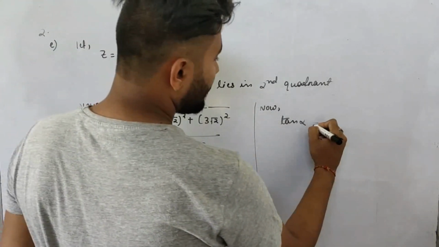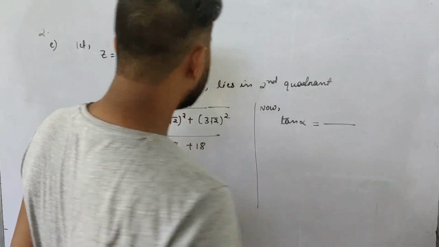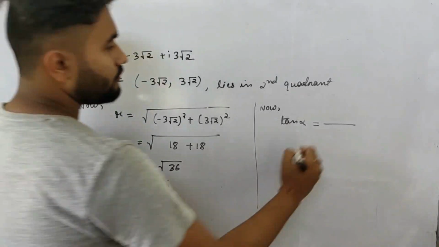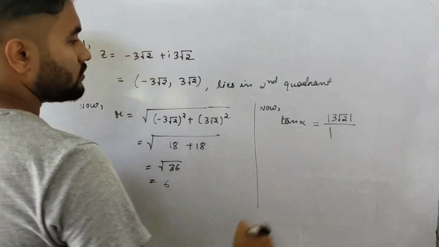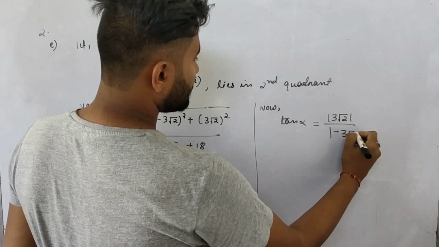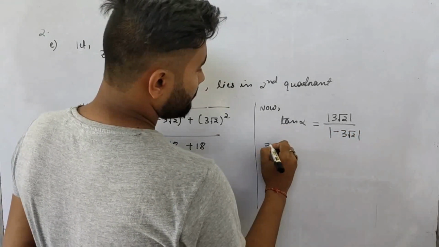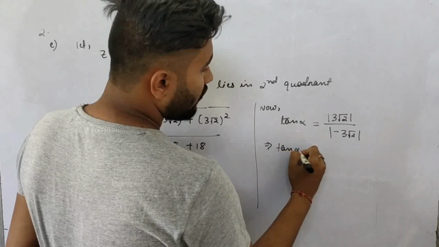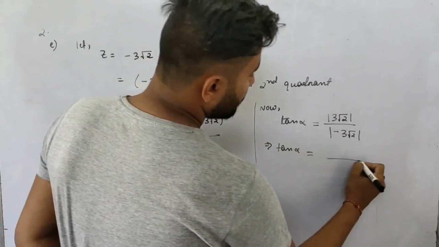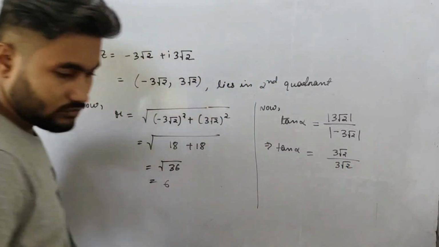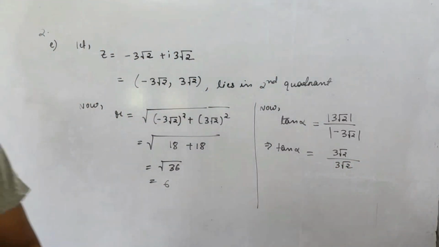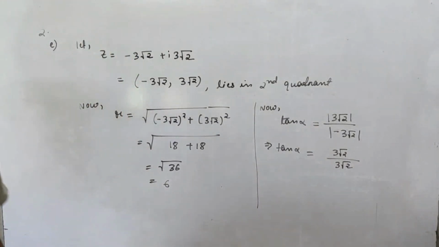So tan alpha will be equal to mod of y by mod of x. What is mod of y? Modulus of 3 root 2, divided by modulus of x, the real part, that is minus 3 root 2. So tan of alpha will be equal to 3 root 2 by 3 root 2, which is nothing but 1.